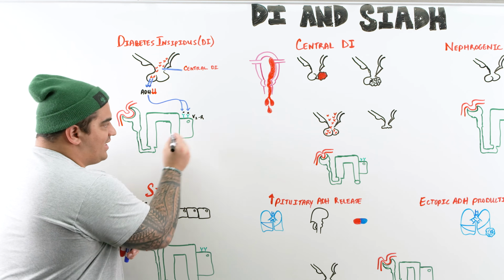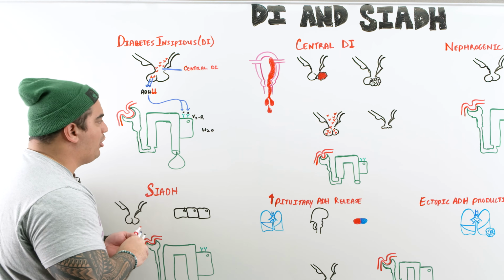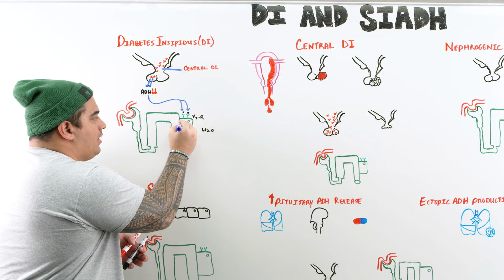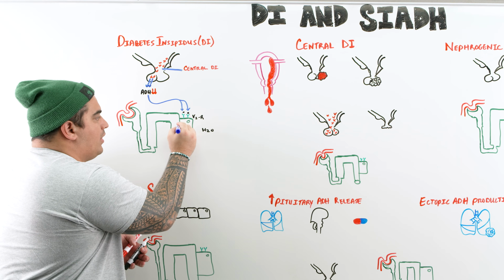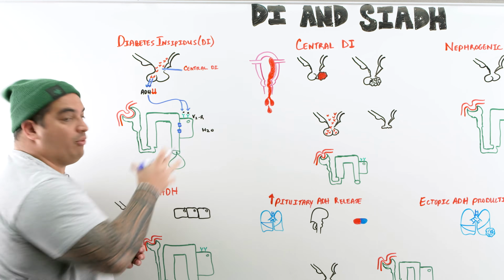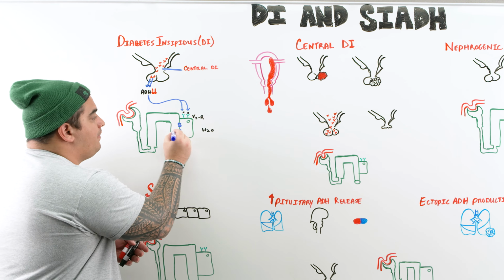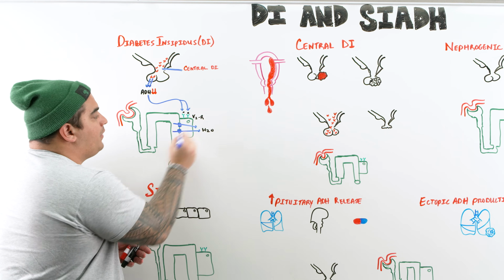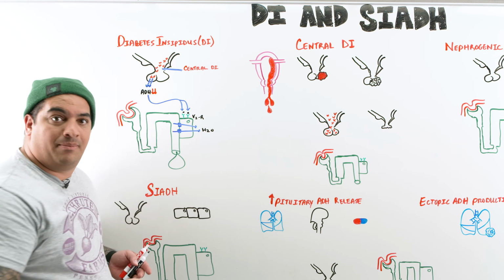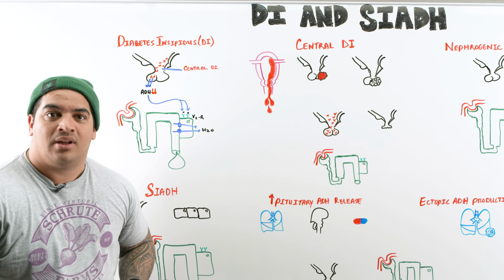And what it's designed to do is help to express these little proteins on the luminal surface, called aquaporins. And these aquaporins, whenever ADH is present, they'll get shoved into the actual luminal membrane. And what they'll help to do is move water from the collecting duct tubules into the bloodstream, right? And so ADH is responsible for stimulating that process.